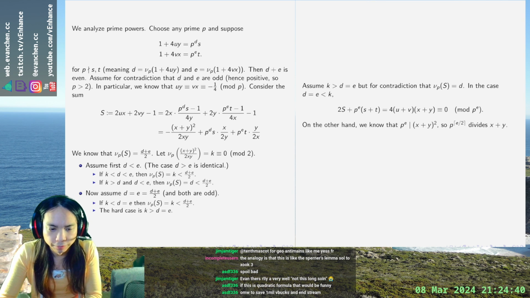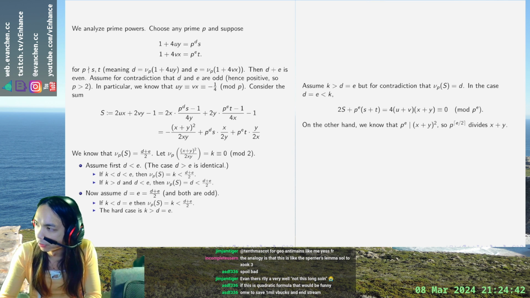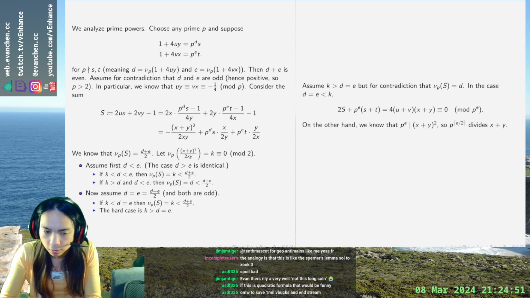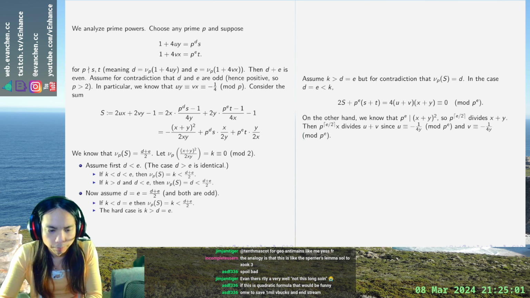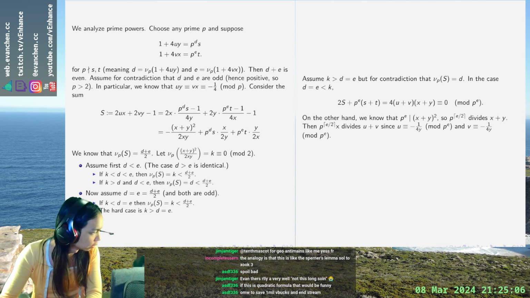Then p to the ceiling of e over 2 also divides u plus v, since u is congruent to negative 1 over 4 y modulo p to the e, and so consequently, hence p to the e plus 1 divides u plus v times x plus y.